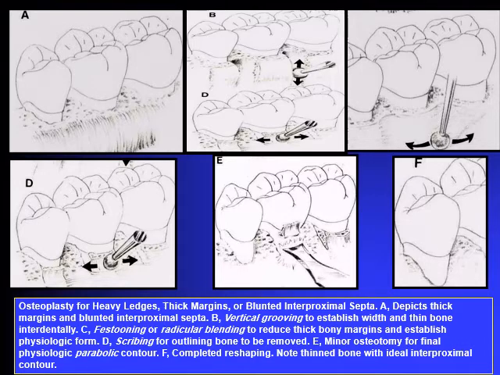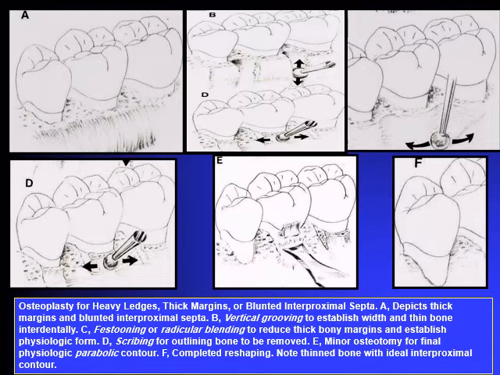Then in B, we made what? We did vertical grooving with the round burr in the interradicular area. In C, we make what? With this round burr, we make gradualizing. We make radicular blending to achieve or establish an even flowing thin radicular surface.